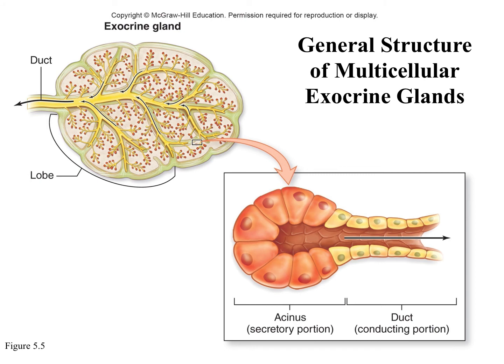The ducts are lined by epithelial tissue as well, but they're not secreting the substance. Okay? And so on most of these, this is an exocrine gland, they are surrounded on the outside by a fibrous capsule, and then sometimes that connective tissue can extend in and break them up into different areas, or what we call lobes.